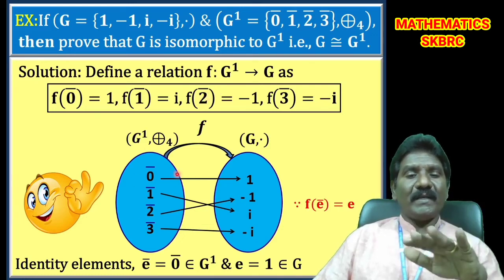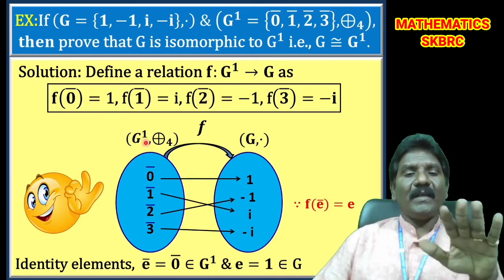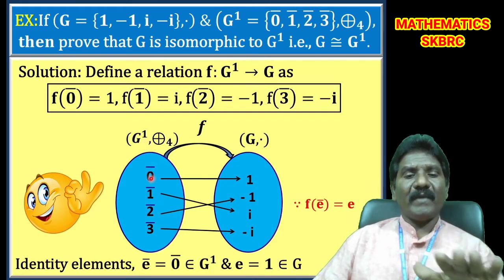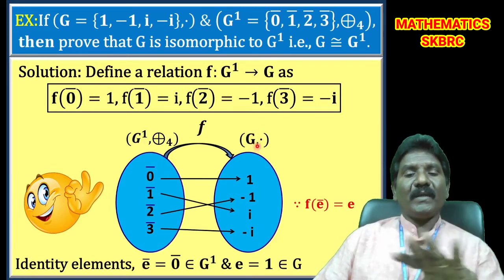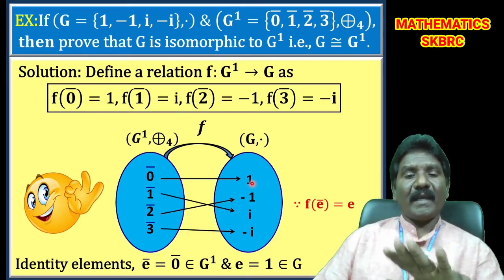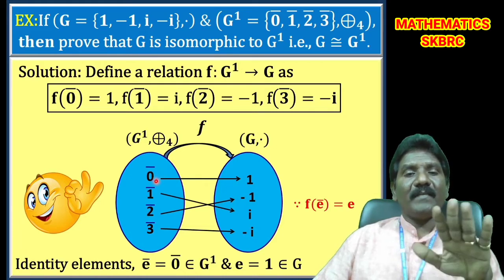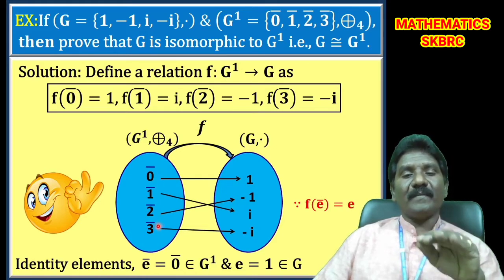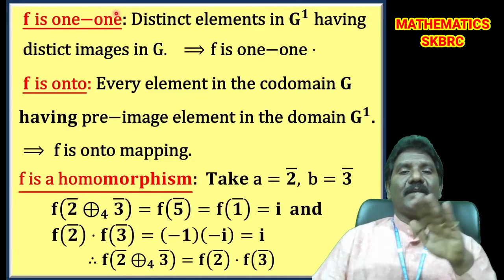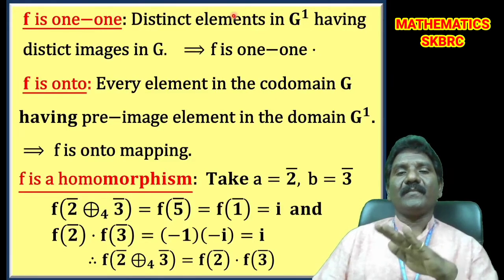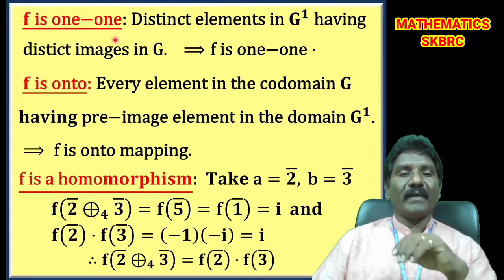First, we observe from the diagram that all the elements in G dash have distinct images in the codomain G, and also every element in the codomain has a pre-image in the domain G dash. Now we prove that F is an isomorphism from G dash to G. First one, F is a 1-1 mapping.